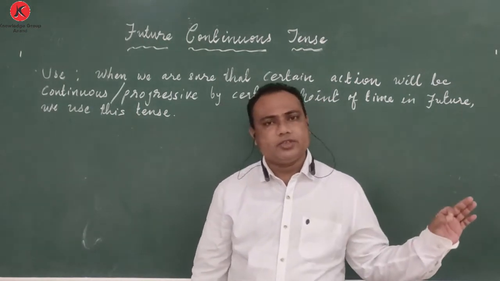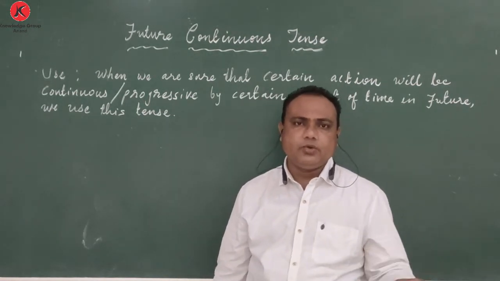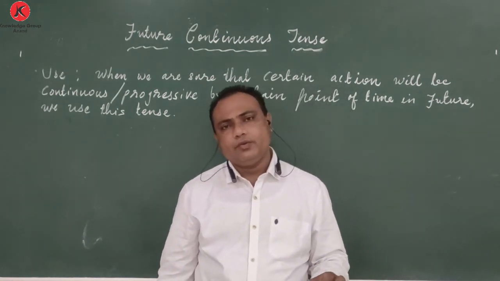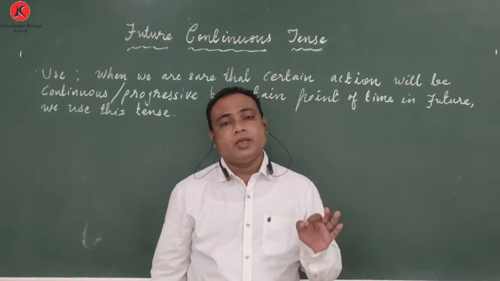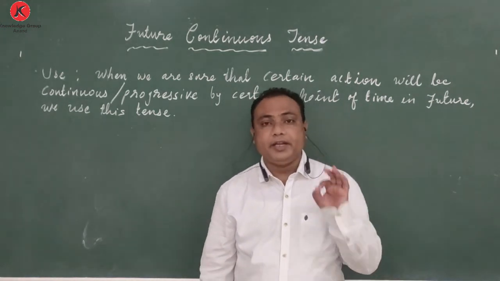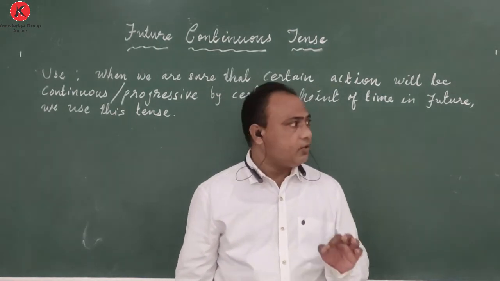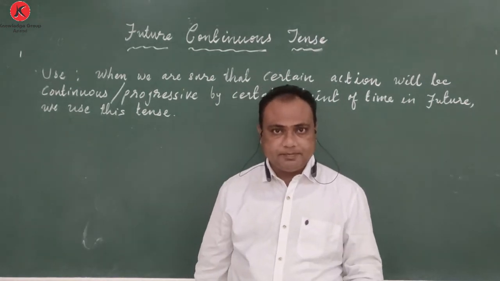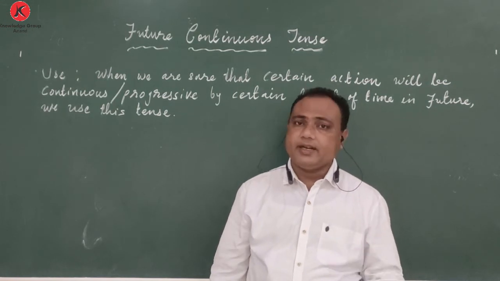There are many situations, students. You make assumptions about what you will do or what you will be doing by a certain point of time in future. We are very sure. Suppose at your home, if dinner time is fixed, say for example 8 o'clock. If it is a custom in your home that round about 8 o'clock you generally take dinner, that today also you are going to take dinner at 8 o'clock.